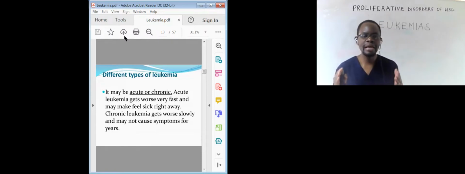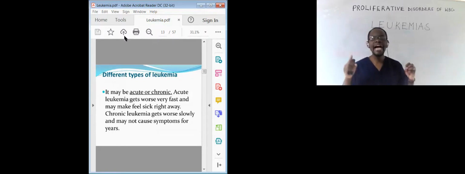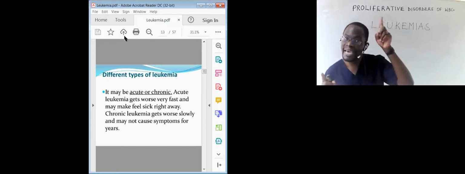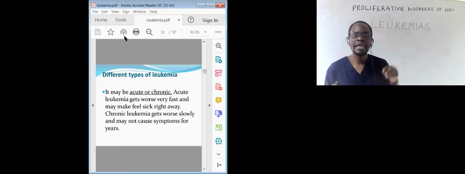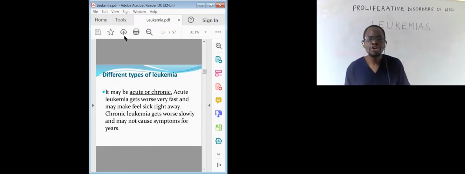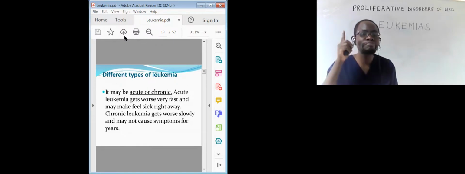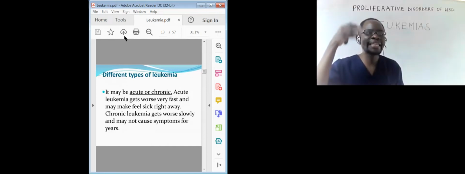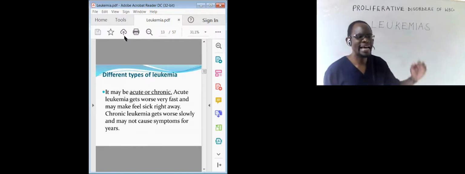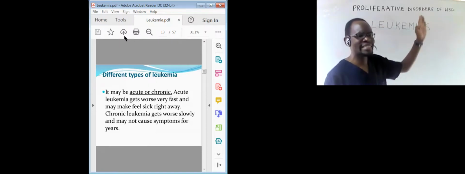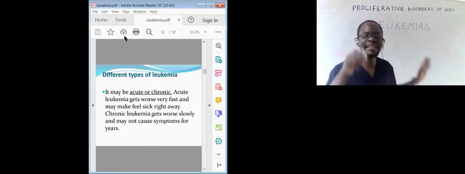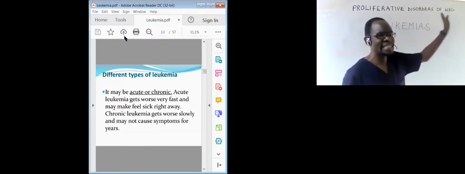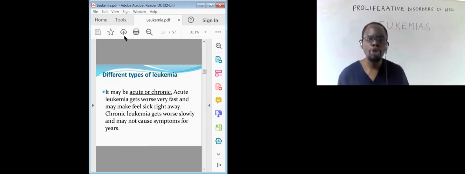Now, what are the different types of leukemia? It may be acute or chronic, depending on the site of loss of differentiation. Remember we said that if differentiation is lost in the early stages, then that is acute. If differentiation is lost in the late stages, then that is chronic.